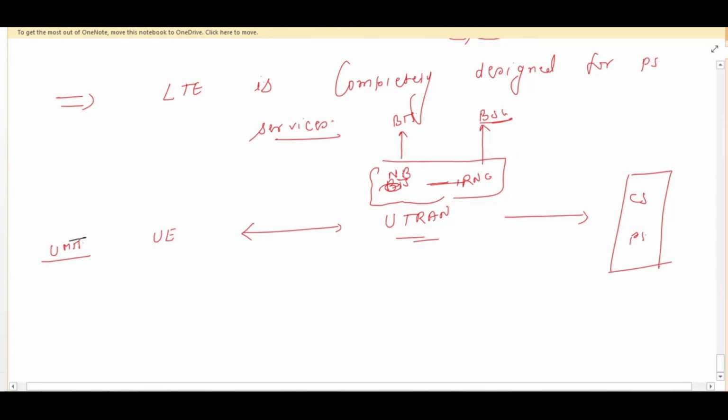So when we come to 4G, in LTE, the UE and RAN are again upgraded as the eUTRAN. Here UTRAN, here evolved UTRAN, eUTRAN.